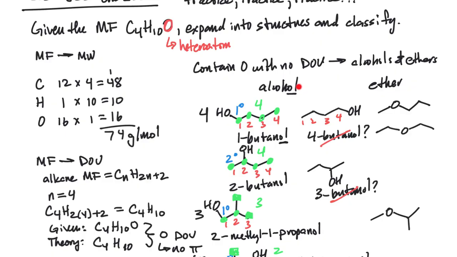So for the alcohols, as you're doing that, consider the OH as its own unique set of hydrogen, because it's bonded to oxygen. So therefore, it's got to be different than hydrogen atoms bonded to carbon. So practice that as you go through as well.